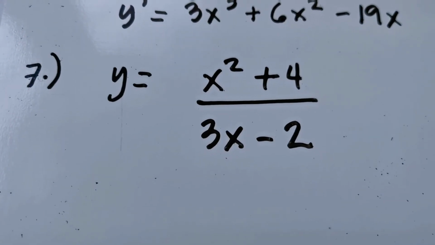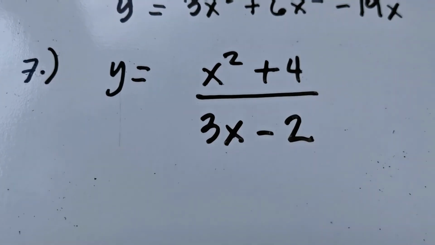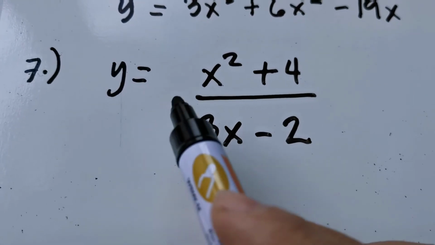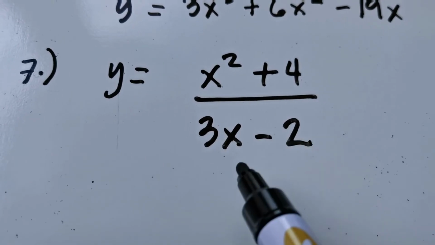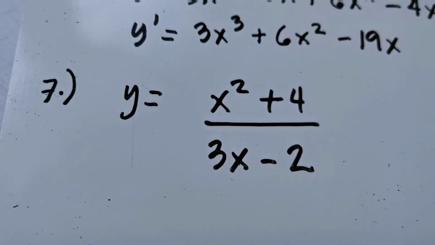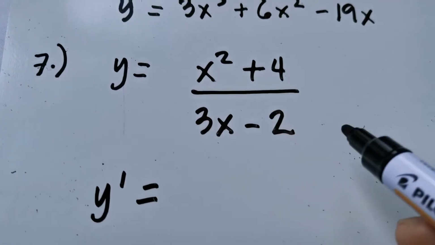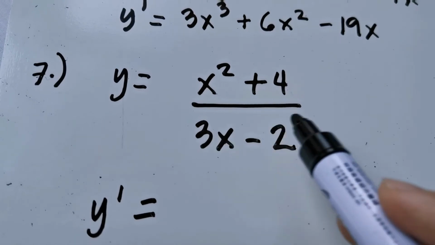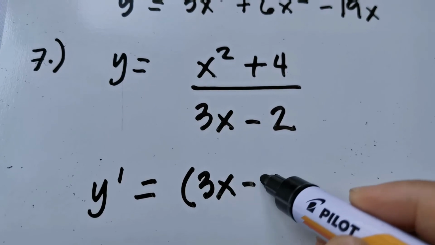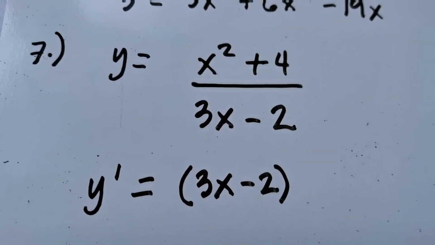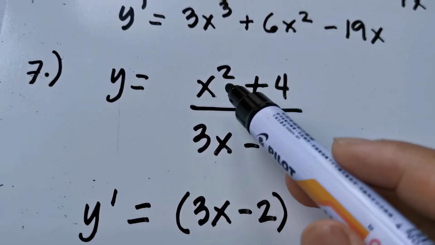We are now in the seventh example. We have the quotient of the two functions. We have y is equal to 3x squared plus 4 all over 3x minus 2. Okay, so we have y prime is equal to, first you have to copy the denominator. We have 3x minus 2, then multiplied with the derivative of the numerator.